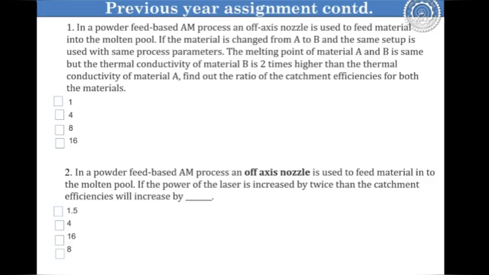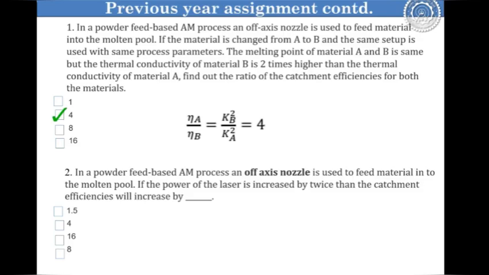If the material is changed from A to B and the setup is used with the same process parameters, the melting point of material A and B is the same, but the thermal conductivity of B is 2 times higher than A. Then the ratio of catchment efficiency. As I said, it's a very important formula. It's just the opposite, inversely proportional and square of it. The answer should be 4.